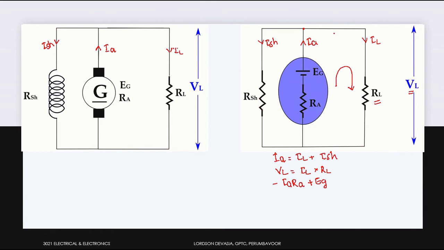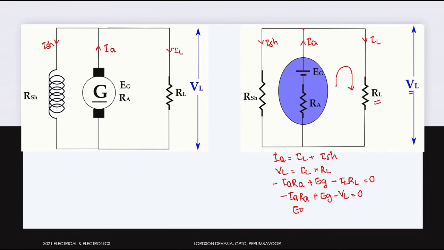Next is RL, which is a drop, so minus the current through RL, IL, times RL, equal to 0. IL RL is the same as VL, so minus IA RA plus EG minus VL equals 0.